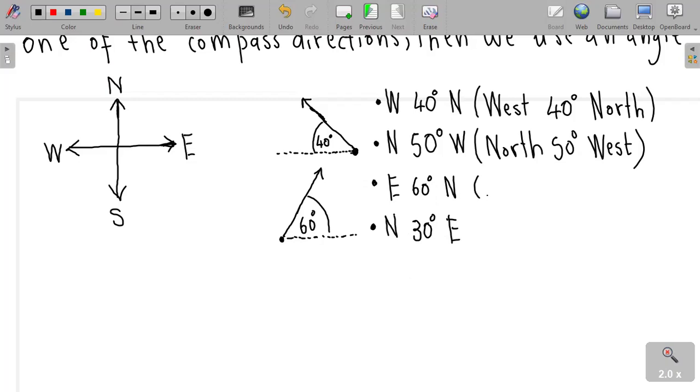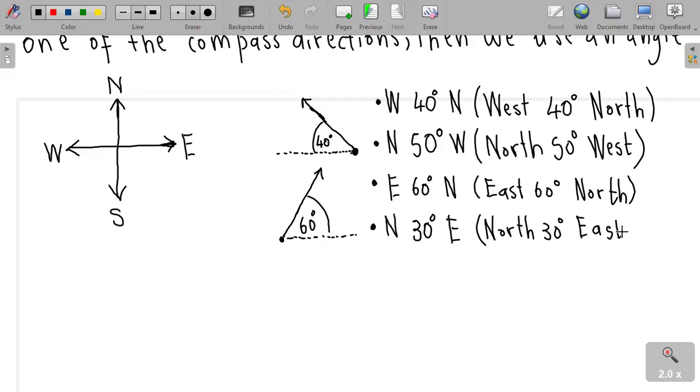So in words, this is going to be east, 60 degrees north, and the other one is going to be north, 30 degrees east.